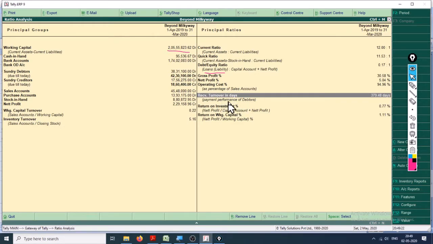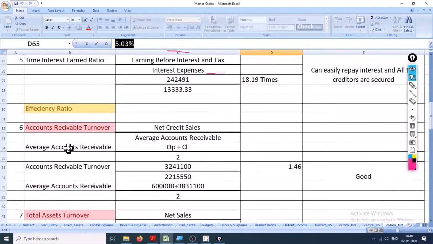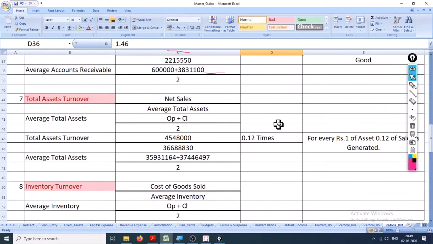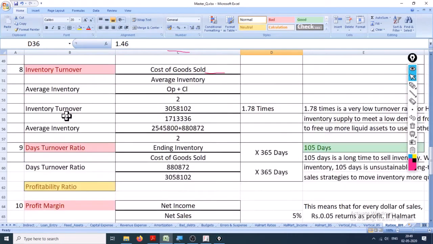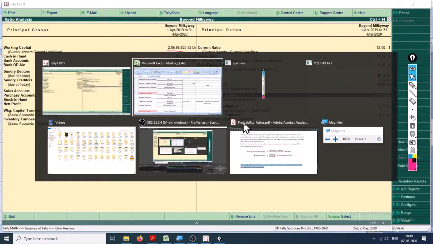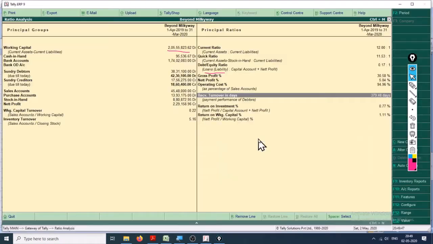Okay, we had one ratio for it, and what was the name of that ratio? Accounts receivable performance. So you can see that this was our 1.46. And do we have something else also? Nope. We had one 365 days, but that is different.